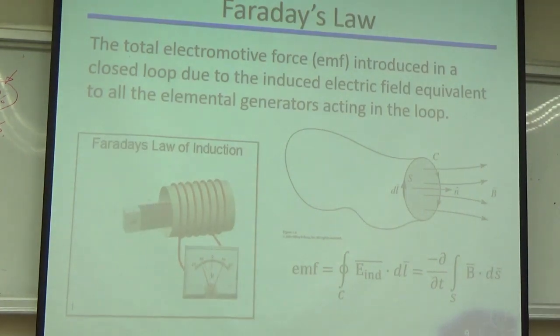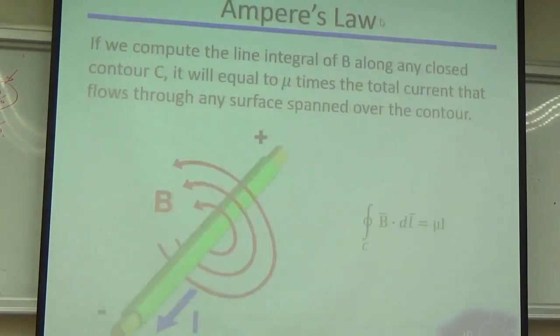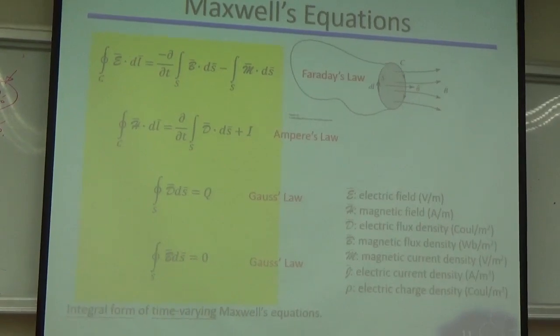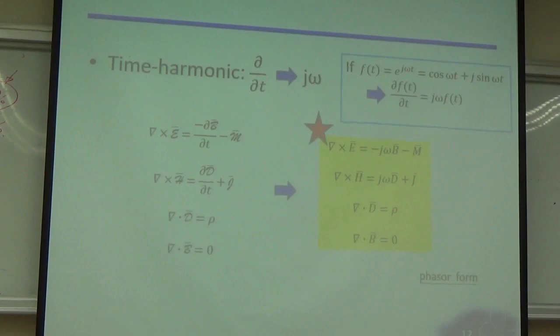Okay, that is Faraday's law. And Ampere's law: if you have a current passing through a conductor wire, you will create an H field, or you say B. Then those are the Maxwell equations, more Maxwell equations.